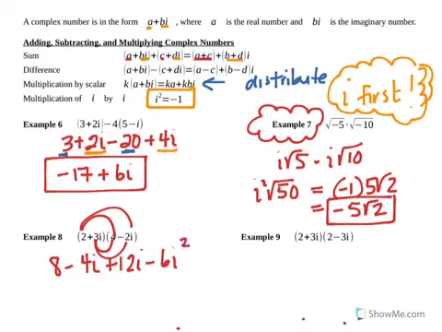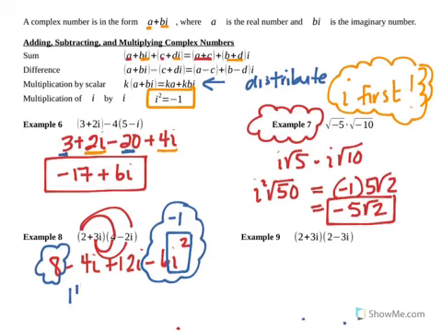So we're going to want to combine like terms, and we're also going to want to turn this i squared into negative 1. So that's going to make this 8 plus, and then of course this is going to turn into positive 6, so that's 14. And then a minus 4i plus a 12i is a positive 8i, and that's my final answer.